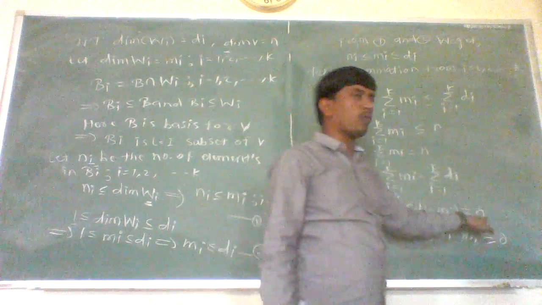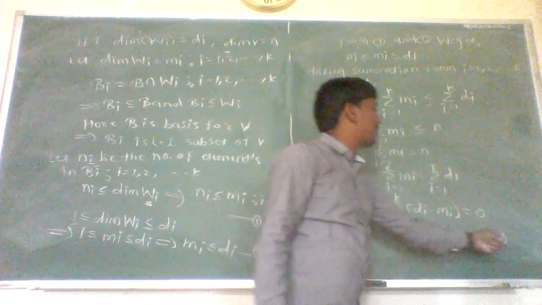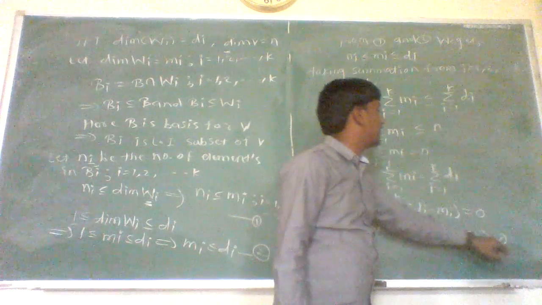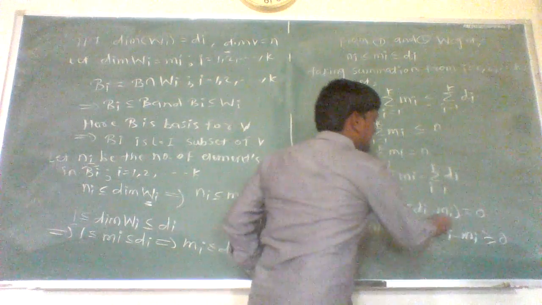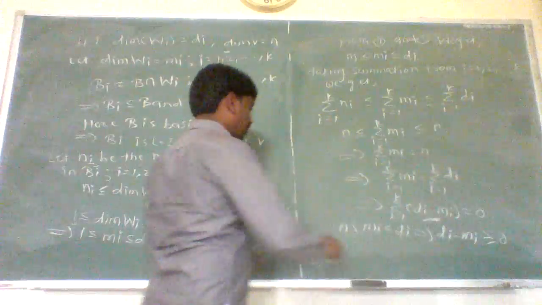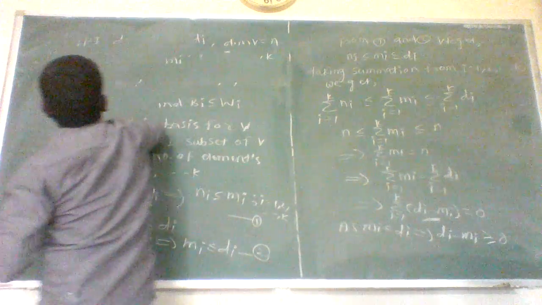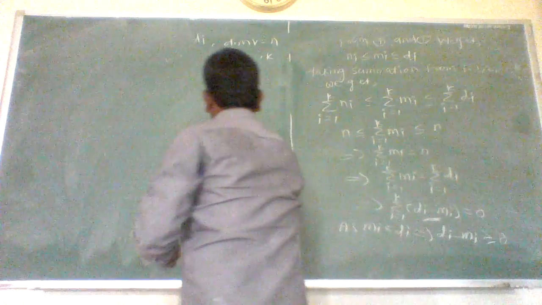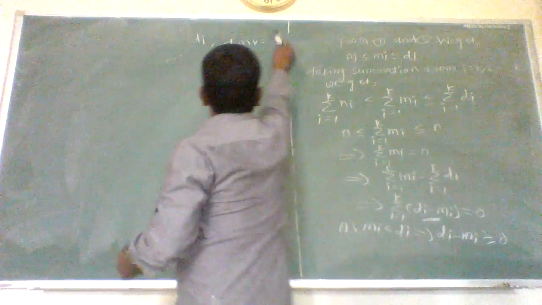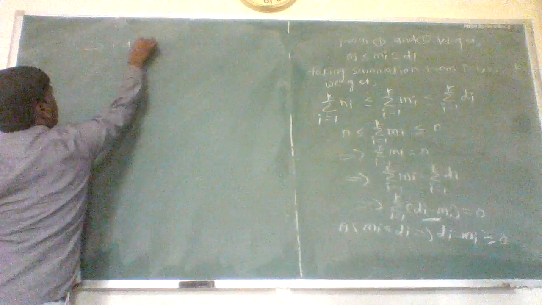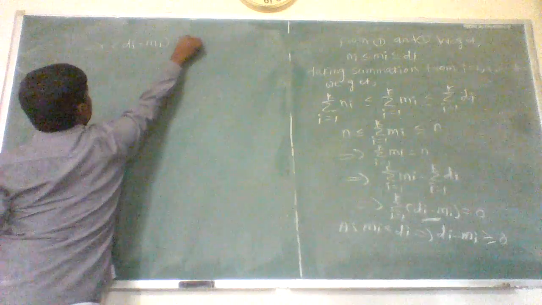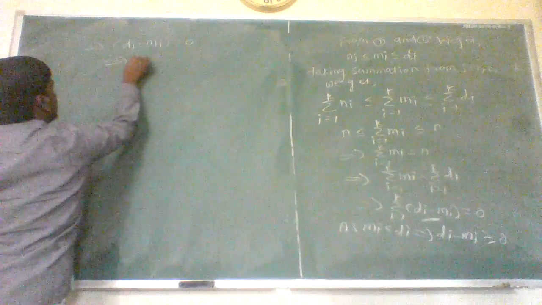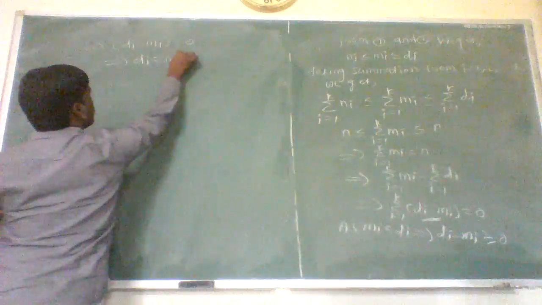But this sum is equal to 0, and each di minus mi is greater than or equal to 0, which implies di minus mi must be equal to 0, so di is equal to mi.